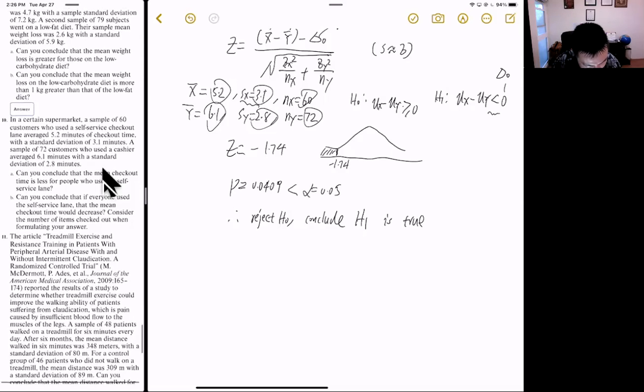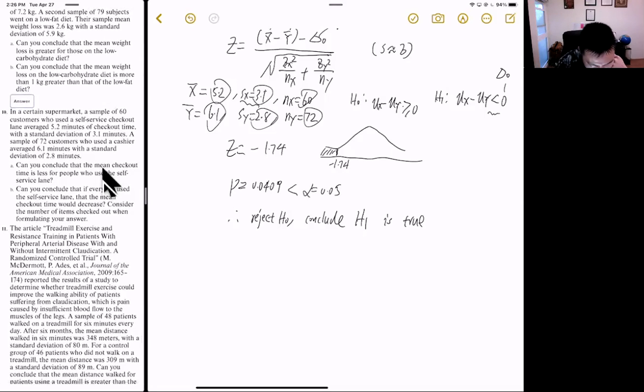All right, and then let's look at part B of this question. Can you conclude that if everyone uses the self-service lane, then the mean checkout time will decrease? Based on the test we just did, the self-checkout lane average is lower, so the mean checkout time is less for people who use the self-service lane.